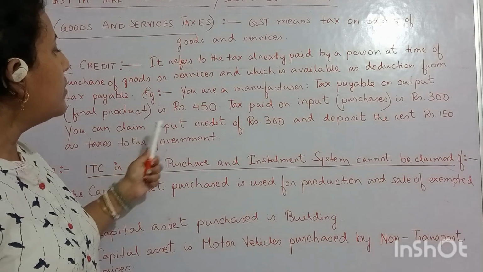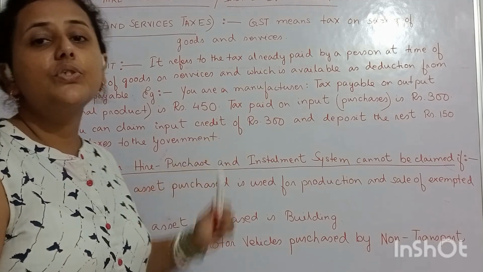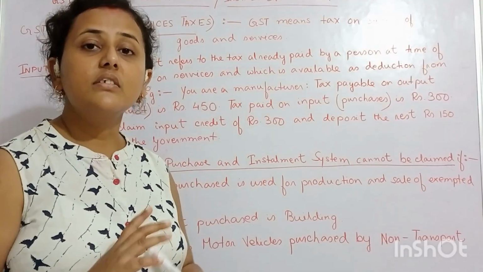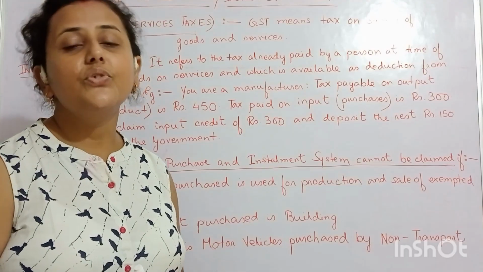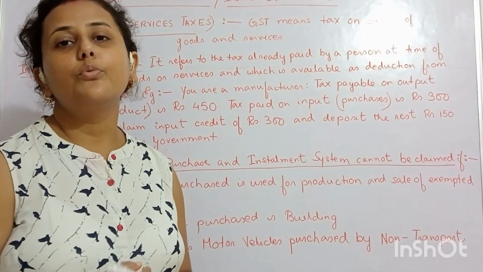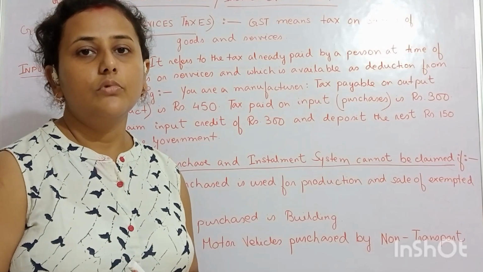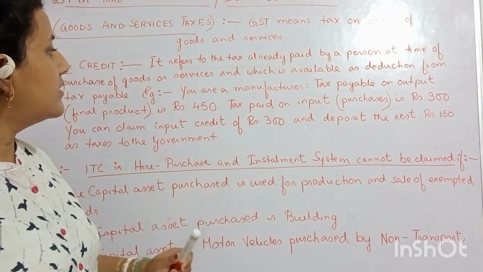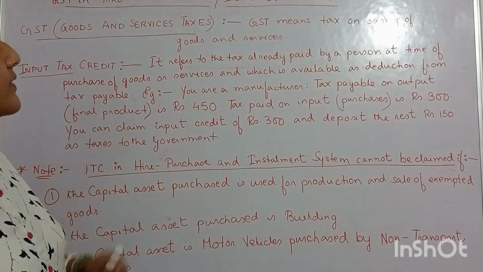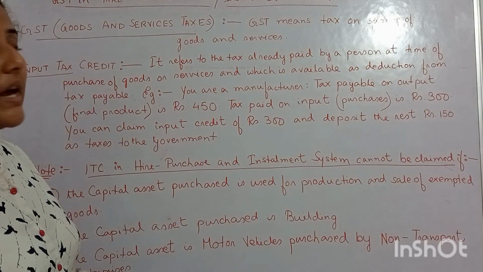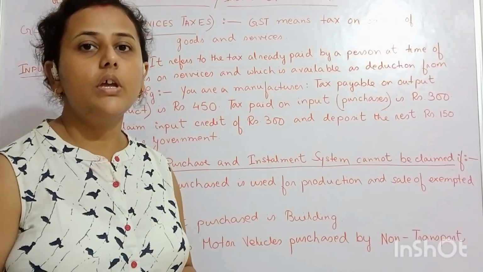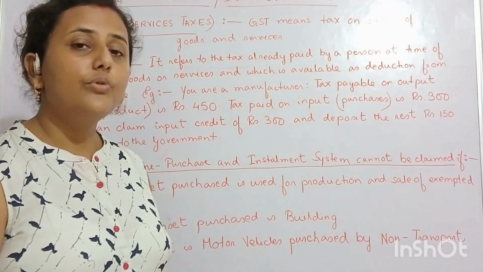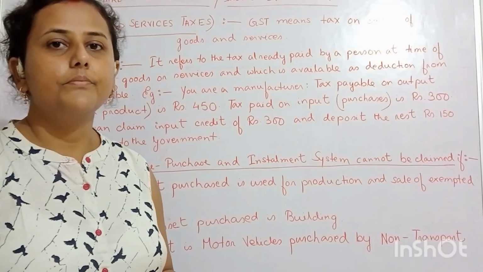You can claim input credit of rupees 300. It's a claim by the manufacturer that I have paid rupees 300 and I want rupees 300. It is a very important topic in the GST part, so you should know it.